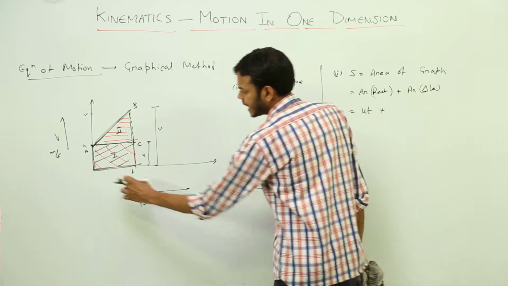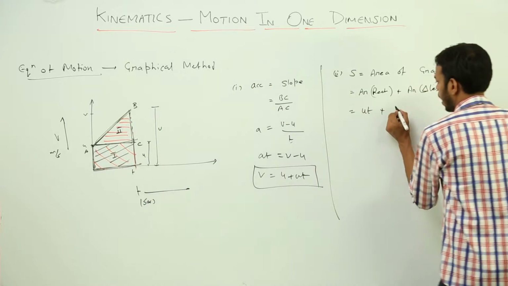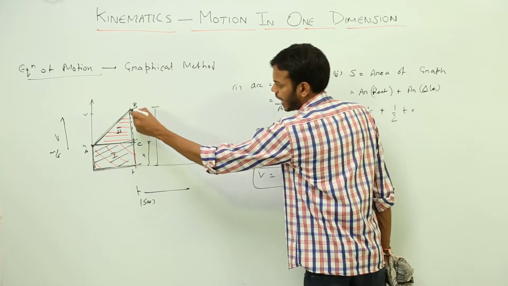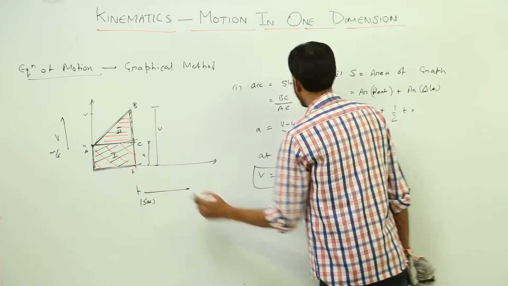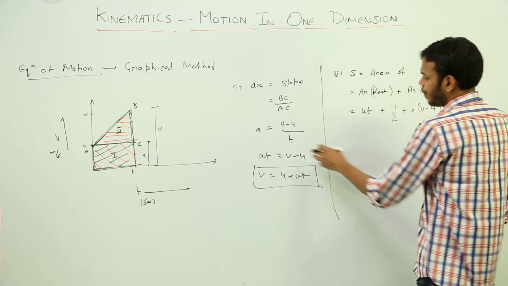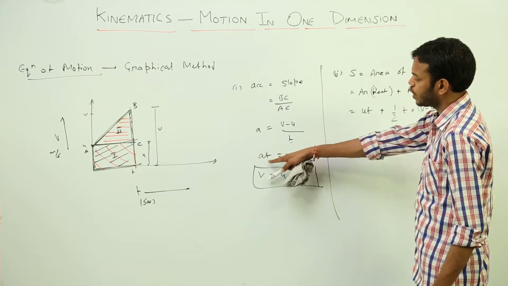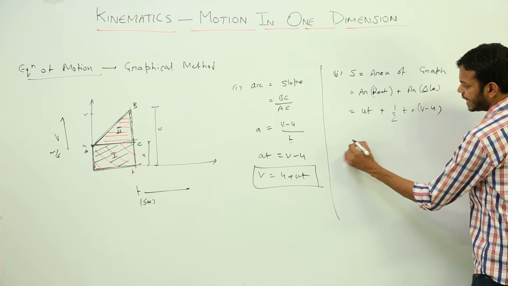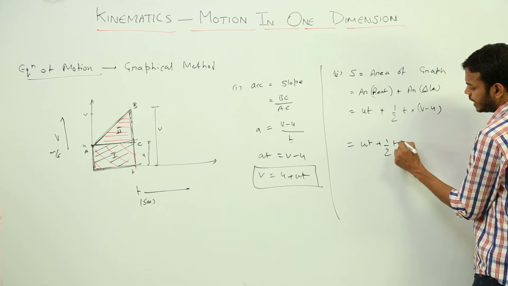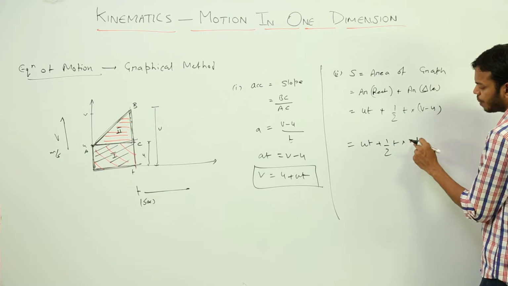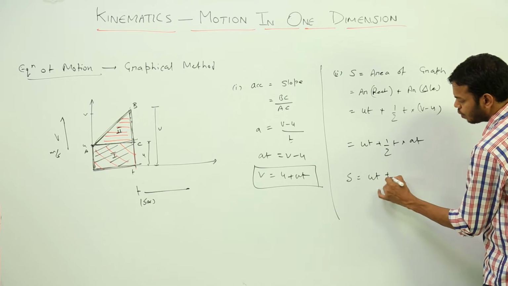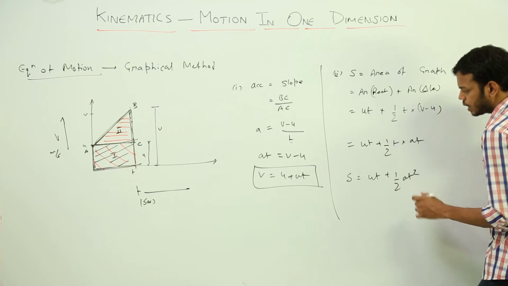The base is T, and the height is BC, which is V minus U. From the first equation we know that V minus U is equal to aT. So I can write aT here. We are left with UT plus half T multiplied by aT, which gives me half aT squared. That is how we find our second equation of motion.